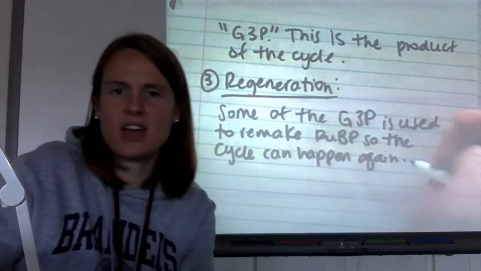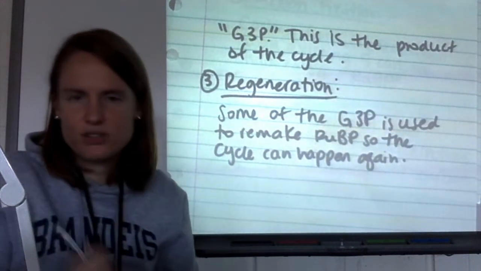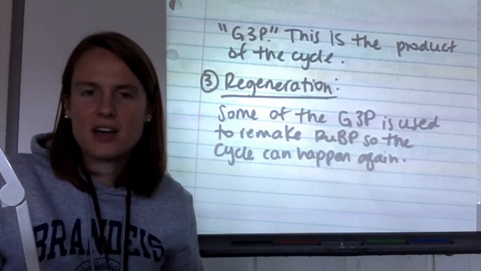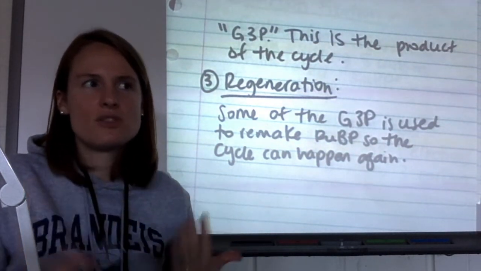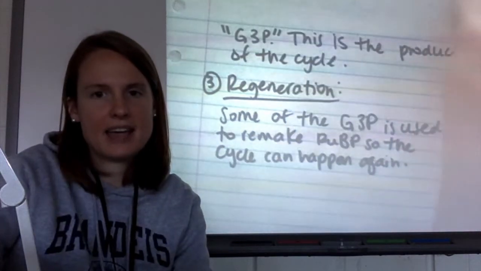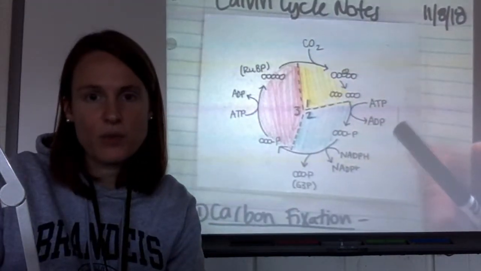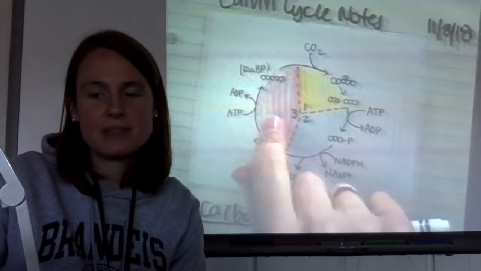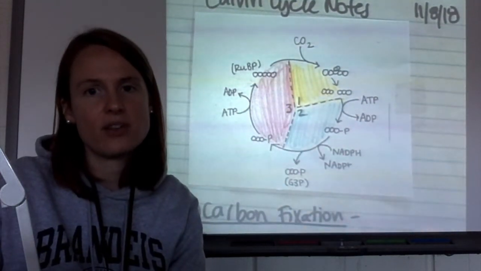You may be thinking, what do you mean some of the G3P? Didn't you just say G3P is a product? Yep, good point. So let's think for a second. Glucose has 6 carbons. How many carbons does a CO2 molecule have? Only 1, right? So this cycle has to happen multiple times to get enough carbons in here to make a glucose.